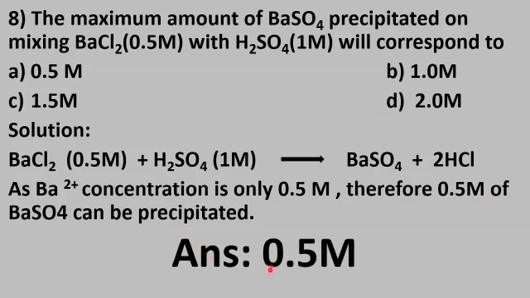So therefore answer is 0.5 molar, because here only 0.5 molar of barium sulfate is there to react with H2SO4 to give 0.5 molar of BaSO4. Hence correct answer is option A here.